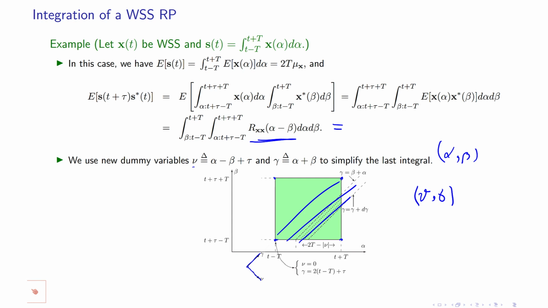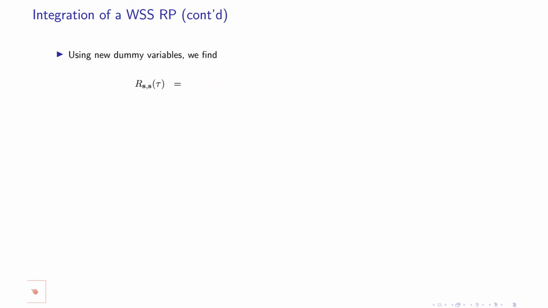This becomes gamma and this becomes constant with respect to the gamma variable, so it comes out of the integral, and it becomes the length of this line times R of nu. The length of this line is equal to this function.